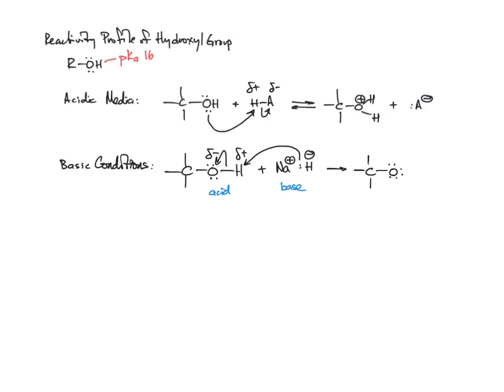This oxygen now has formal negative charge, which is balanced by the metal cation sodium plus. We end up with H2, the conjugate acid of our starting base, sodium hydride. That is actually a gas that escapes the flask. That's why we're drawing this as a one-way arrow. The equilibrium is 100% this way. It can't go back that way because this has escaped the reaction medium.